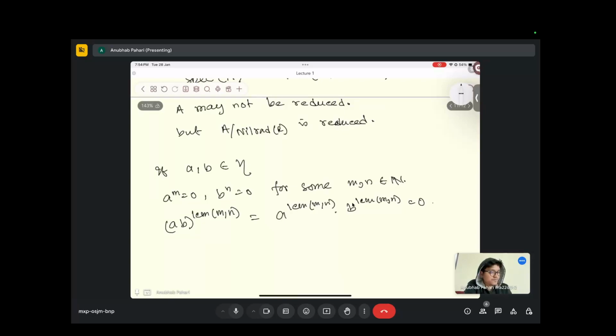So yeah, this is closed under multiplication.